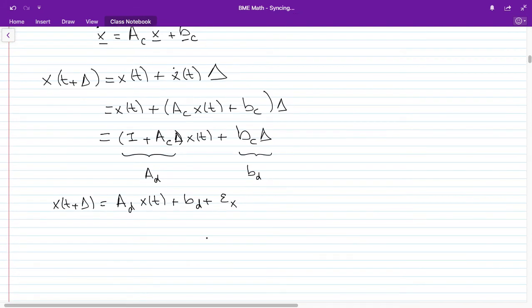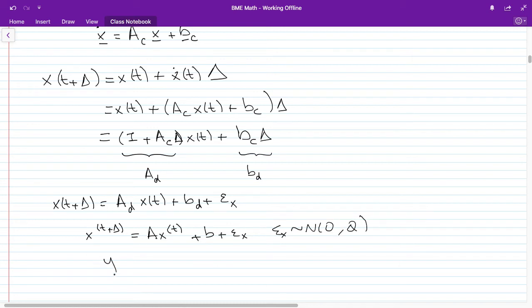All right. So we can write this in our usual form, x of t plus delta is equal to A x of t plus B plus epsilon x, and maybe epsilon x is normally distributed, mean 0, variance q.